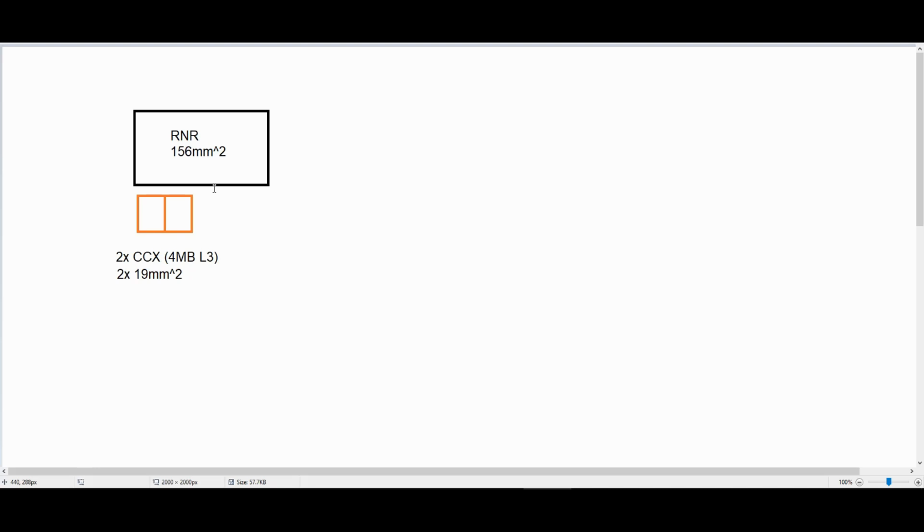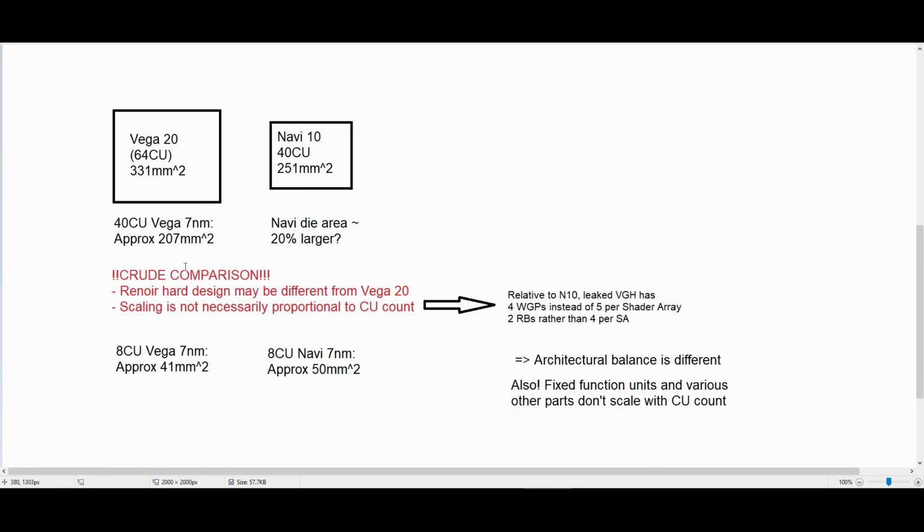So the other place we might save area is changing the GPU out from Vega to RDNA, but actually here we find that RDNA is slightly larger per CU, at least in the existing configs we know of. RDNA is slightly larger than Vega. To do this comparison, I used Vega 20, so that's a 7 nanometer chip for the Radeon 7, and Navi 10.